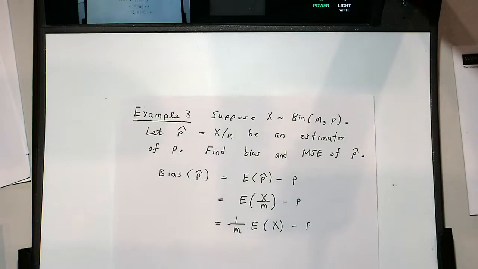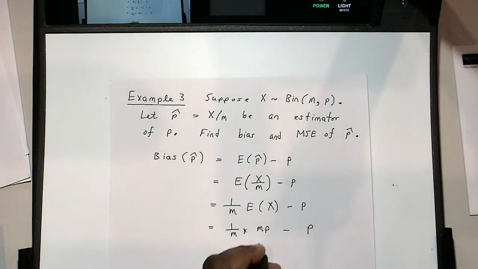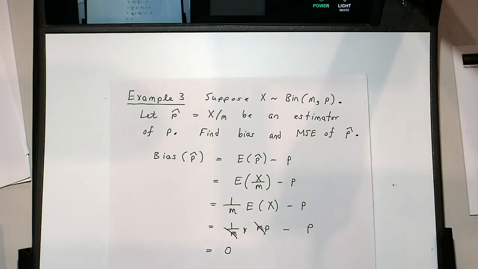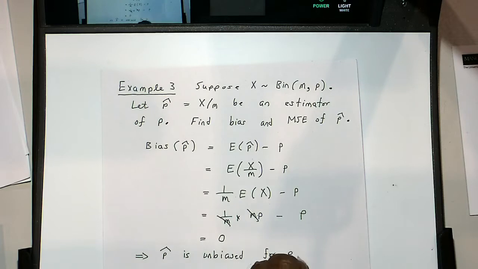So this becomes 1 over m. Now, I'm sure you know the expected value of a binomial is m times p. So the m and the m here cancel out, so you get 0. So once again p hat is unbiased for p, right?